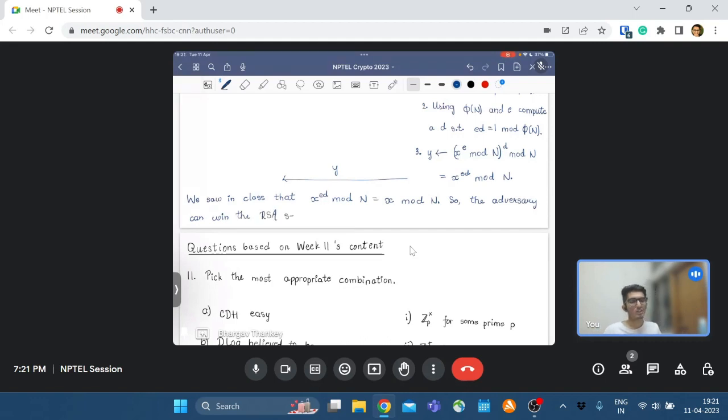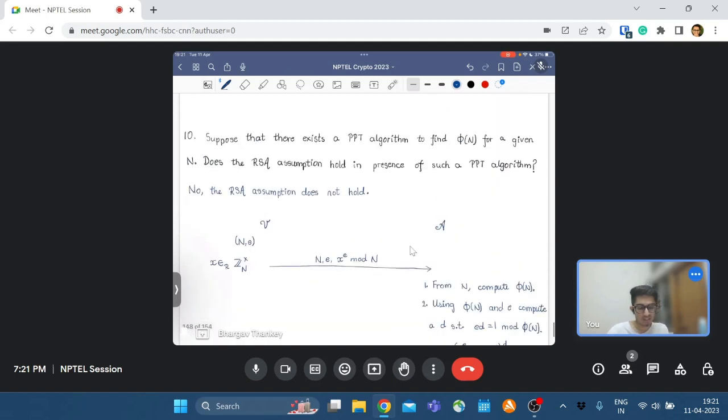Why? Because in the RSA security game, you are supposed to find an eth root of x to the E mod n, and x mod n is one such root, which the adversary has found. So yeah, the adversary can win the RSA security game if it can compute phi(n) efficiently.